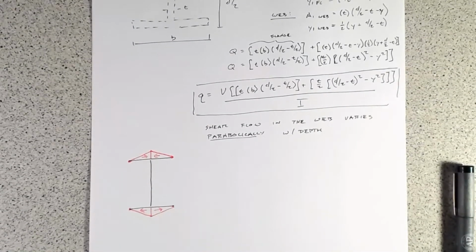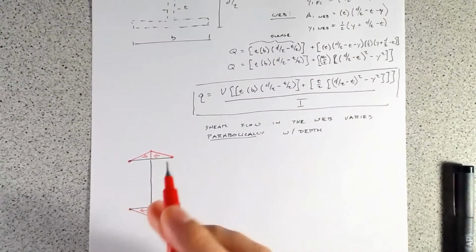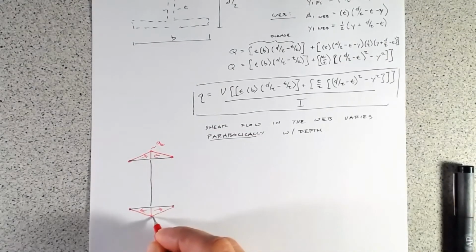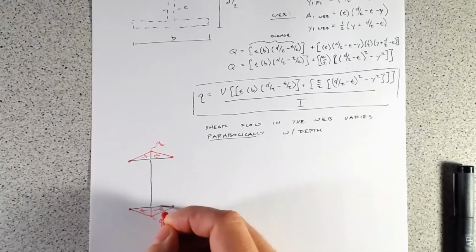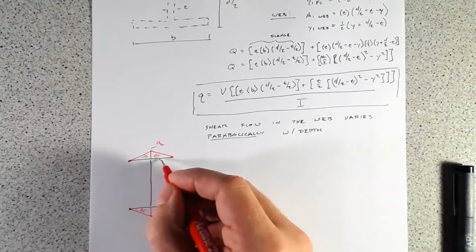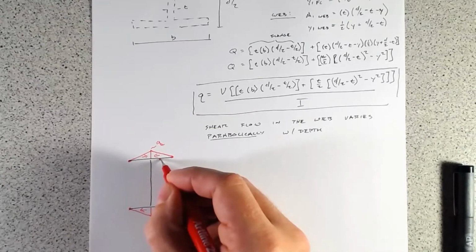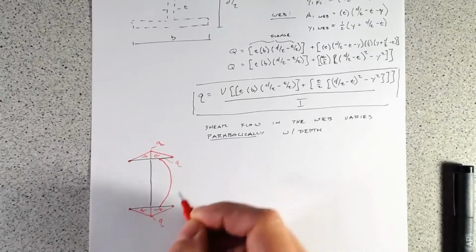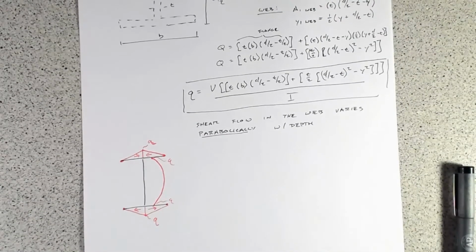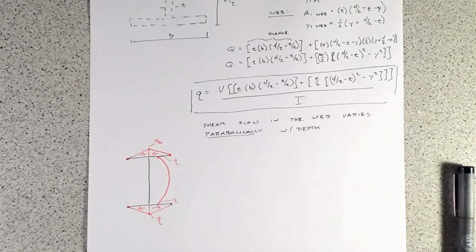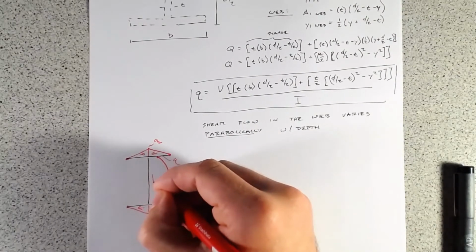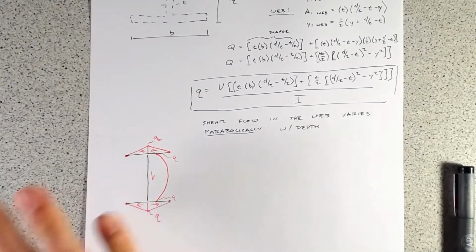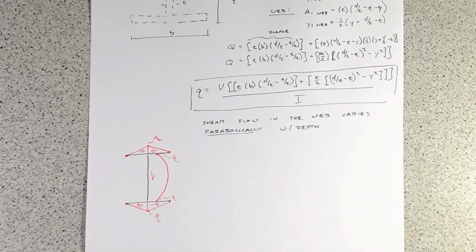We'll work this out when we do an example with some numbers, but this value here of Q and this value here of Q is going to be equal to the value in our web Q and Q. And that's just because we need everything to be in equilibrium. And the shear flow is going to go pointing down for our web. So that's kind of what our shear flow distribution looks like over an I section.